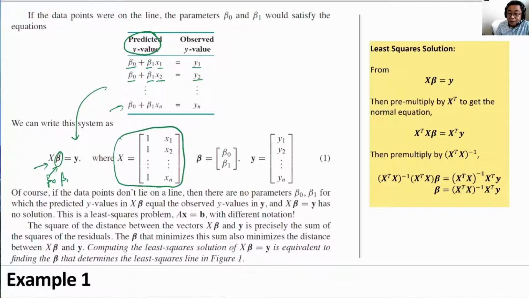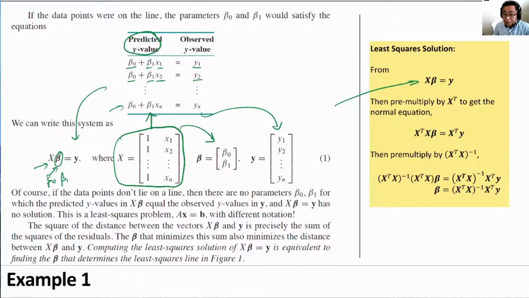Now if you see this x matrix multiplying by beta 0 and beta 1, you will get exactly these equations on the left, and then to get the equation on the right, it is nothing but putting y1, y2 into a vector.